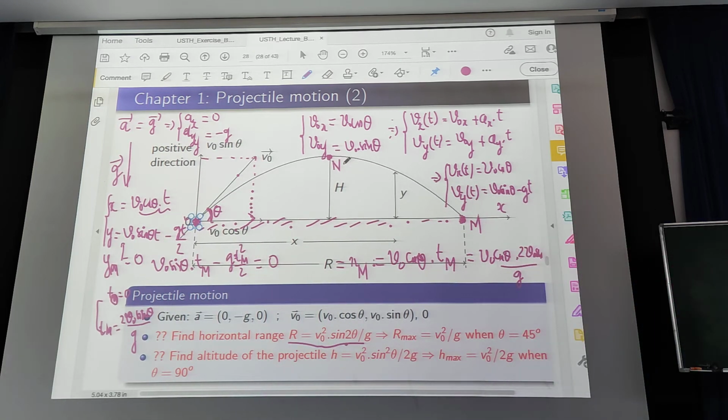Yeah, very good. So let's say that at this point, the velocity vector is tangent to the trajectory.